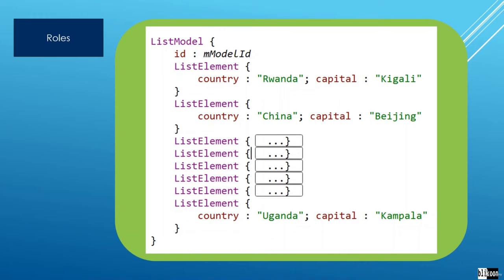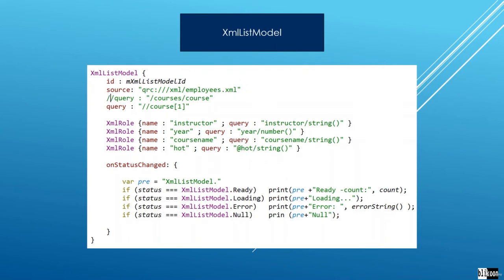We just looked at one type of model that we have. We want to look at XML list model. This is a model that allows you to wrap around an XML file that is either local or coming from the internet. And it allows you to automatically read the data from the XML file and feed it to your list view or other views that you might have. The source property allows you to specify where the XML file is going to come from, and you have a set of queries that allow you to fetch the data in your XML file.